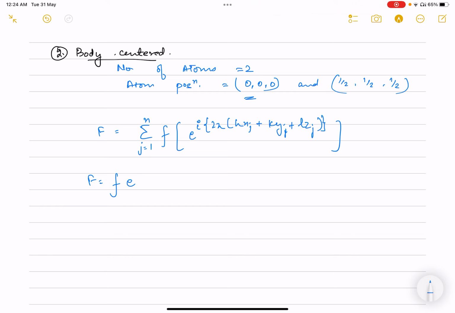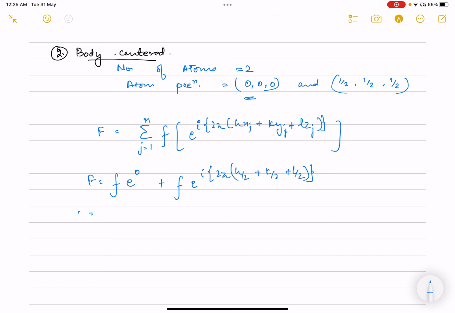We get f e to the power 0 plus f e^(2πi(h/2 + k/2 + l/2)).